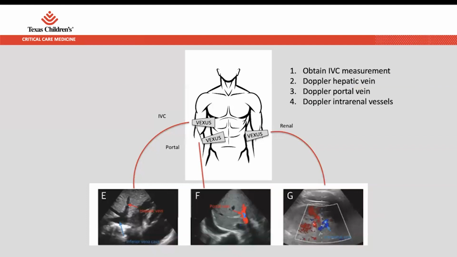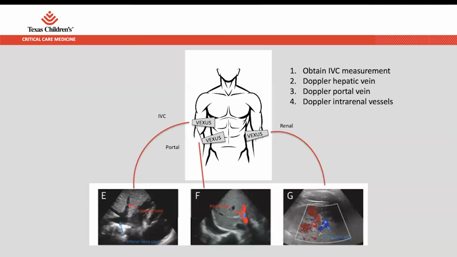The phases of doing a VExUS assessment are: one, obtain your IVC measurement, because in the schema of VExUS, you have to have a distended IVC to count as being scoreable. If you don't, then you fall off of the VExUS scoring system.